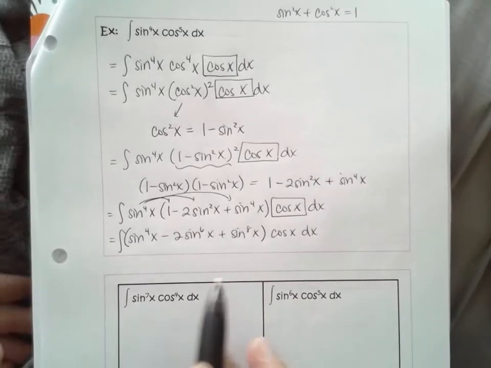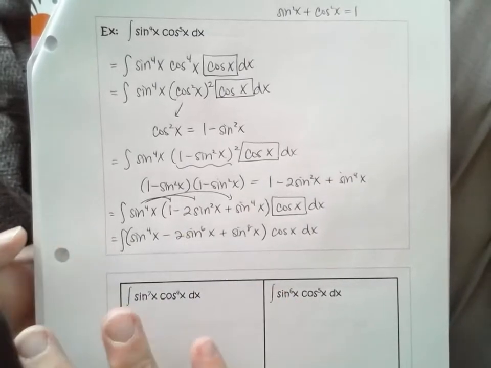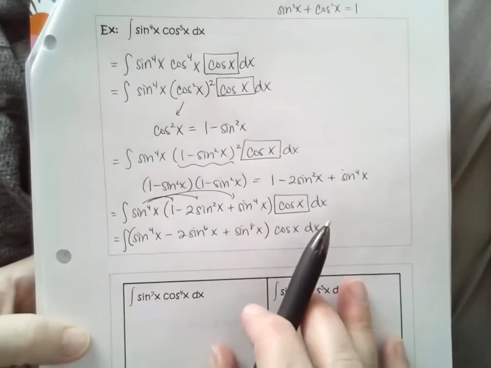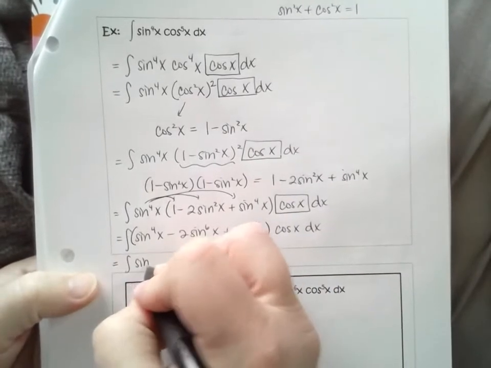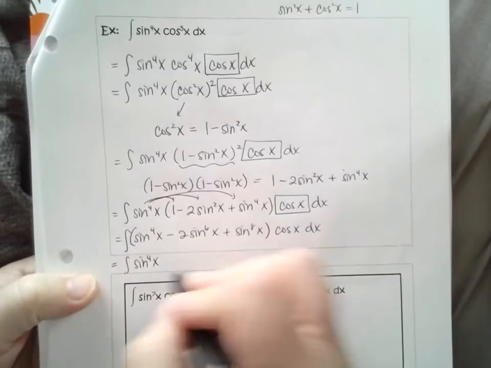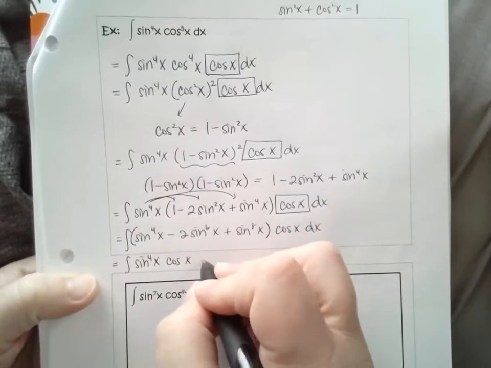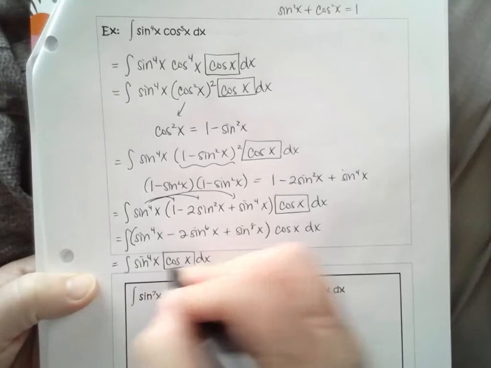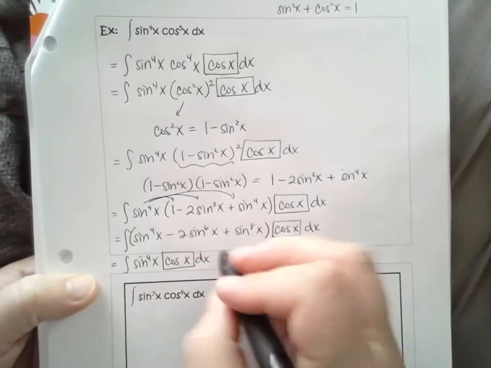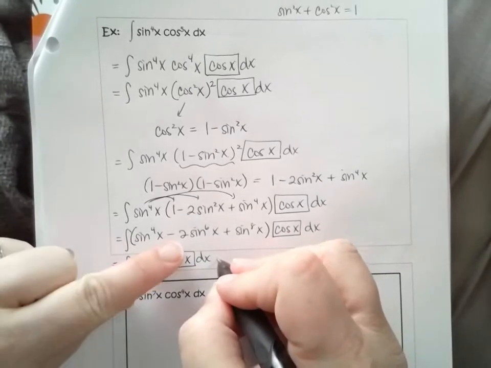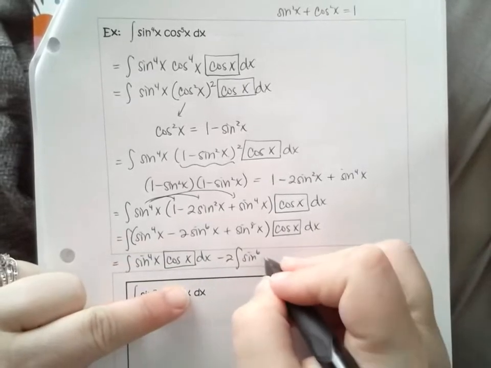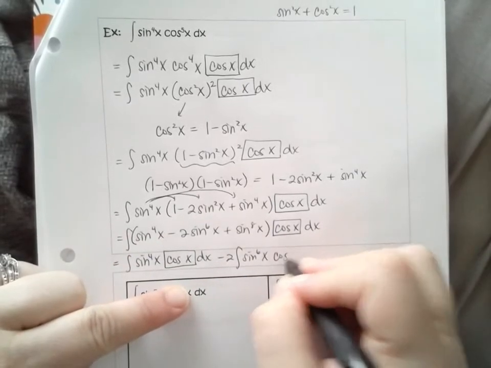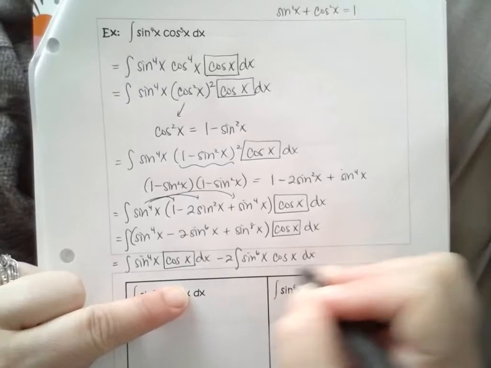Now I want you to imagine 3 separate integrals. I'll show it this time, but I'm not going to make a habit of showing it every time. The first integral is sine to the 4th x with the cosine x dx. The second integral, and I can bring this minus 2 coefficient out, is sine to the 6th x cosine dx.